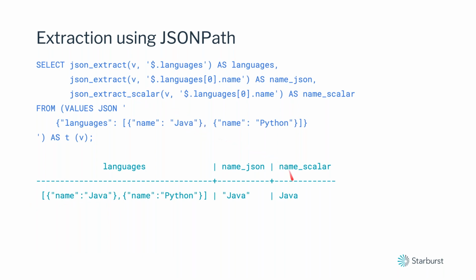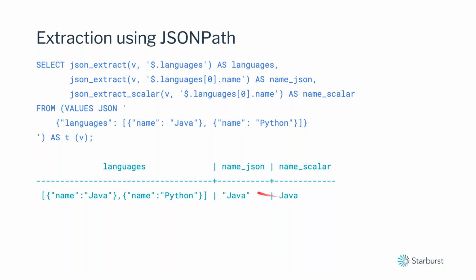JSON extract scalar extracts a scalar value like a Boolean, a number, or a string, and gives it back to you as a string value that's not valid JSON. So we can see that here we extracted the name Java, but there's no double quotes, because we're extracting it as a scalar string value, not as JSON.